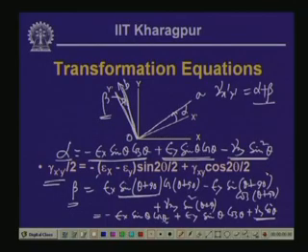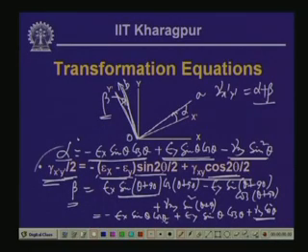Gamma xy cos square theta minus sin square theta will give you cos 2 theta, and twice of sin theta cos theta will give you sin 2 theta. Now, if we write down gamma x dash y dash by 2 form, it gives us gamma x dash y dash by 2 equals minus of epsilon x minus epsilon y sin 2 theta by 2 plus gamma xy cos 2 theta by 2. So, this is the value of the shearing strain gamma x dash y dash.